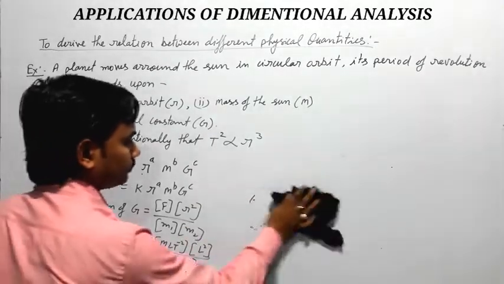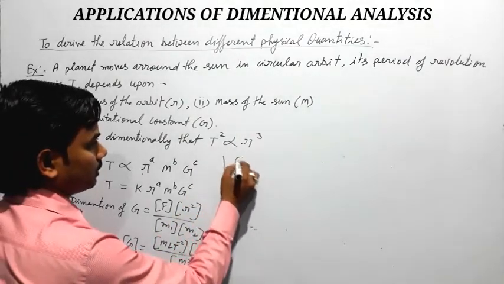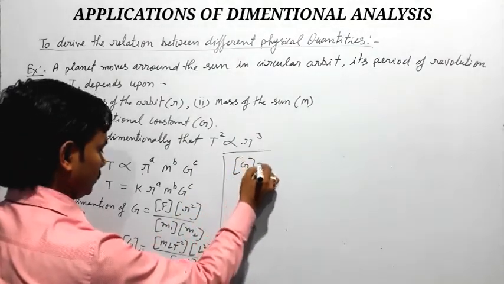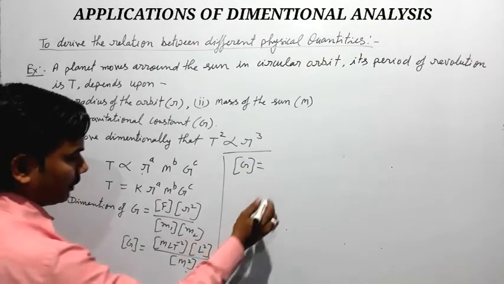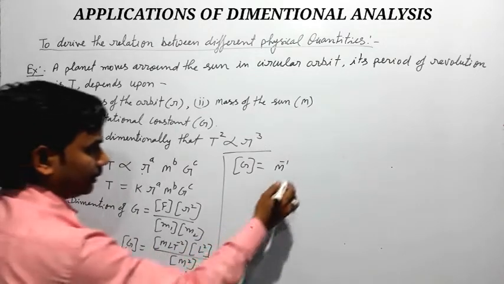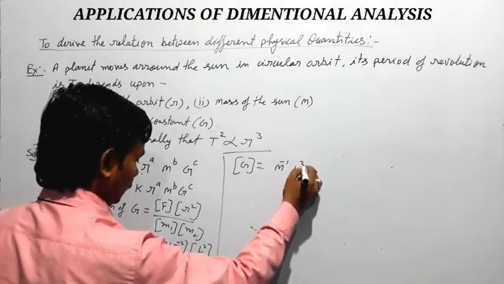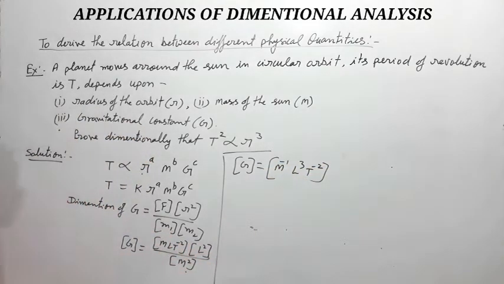So the dimension of G will be M to the power minus 1, L cubed, and T to the power minus 2. This is the dimension of the universal gravitational constant.